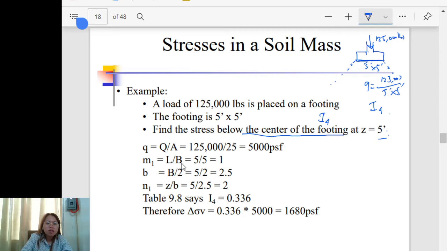Then since it is 5 feet by 5 feet, this is your B, this is your L. So L over B for M1 is equal to 5 over 5, which is 1, and the small b is equal to the big B divided by 2, or 2.5, and N1 is Z, which is given as the depth, 5 feet divided by 2.5, or 2. Then using Table 9.8, your I4 is 0.336.